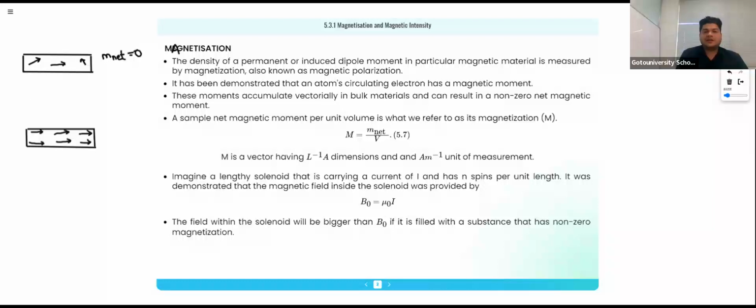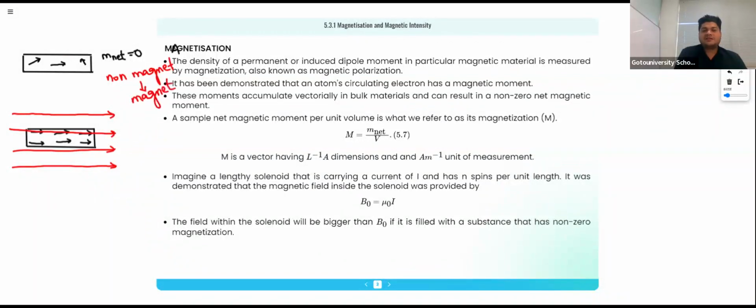It will be in a regular direction when you keep this into the external magnetic field. So in this case, what will happen? Your non-magnet will get converted into a magnet.